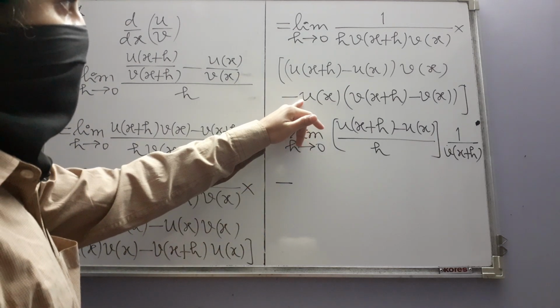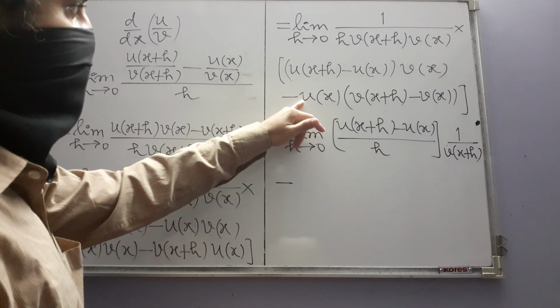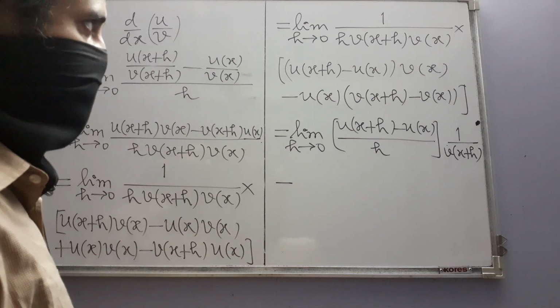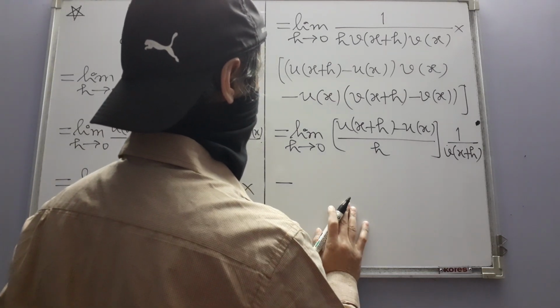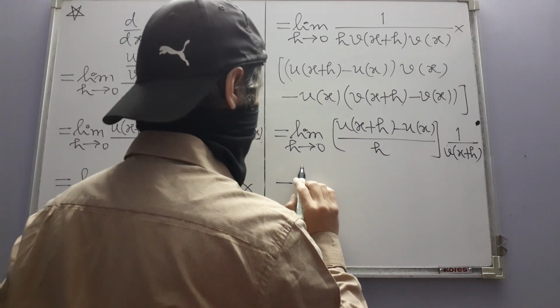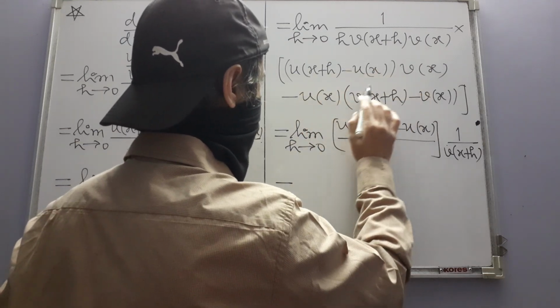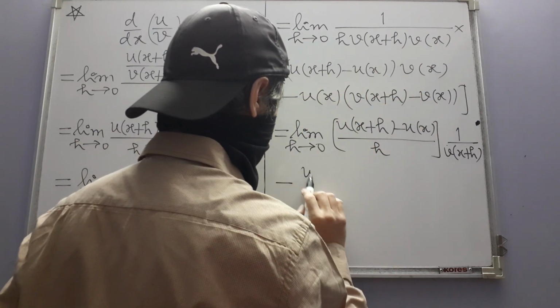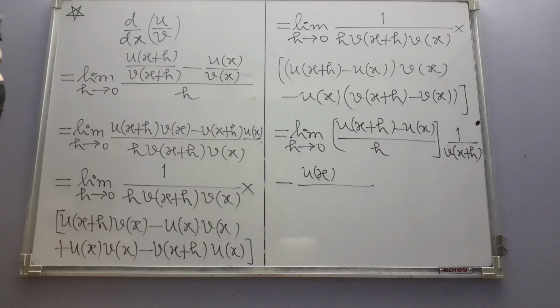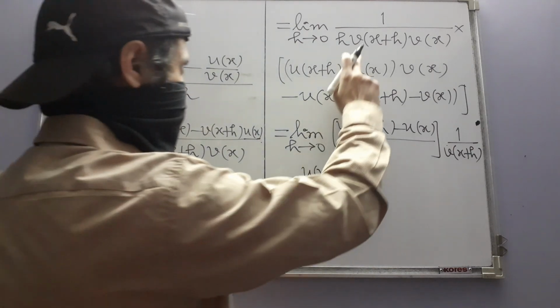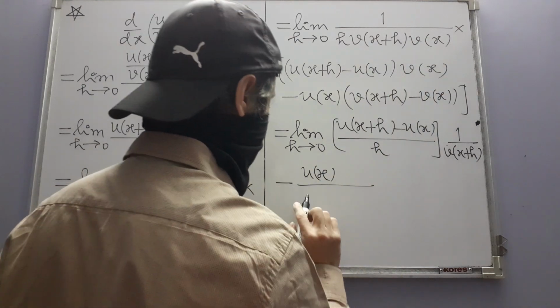This time what will happen? Here, however, we do not have any cancellation. So we are going to write u of x divided by, so two things we have to write, v of x plus h and v of x.